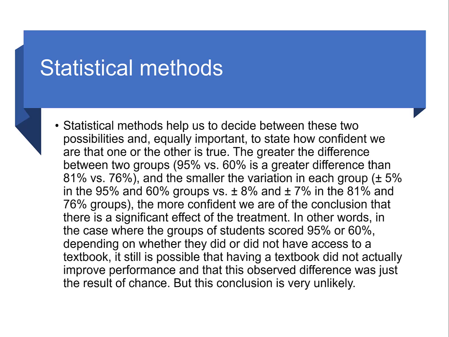So statistical methods, the greater the difference between two groups, 95% versus 60% is a greater difference than 81 to 76. So yes, as I mentioned, the error kind of made these two numbers almost the same. But if it's 95 versus 60, it's clear, and error is not a factor. So that's what this is saying.